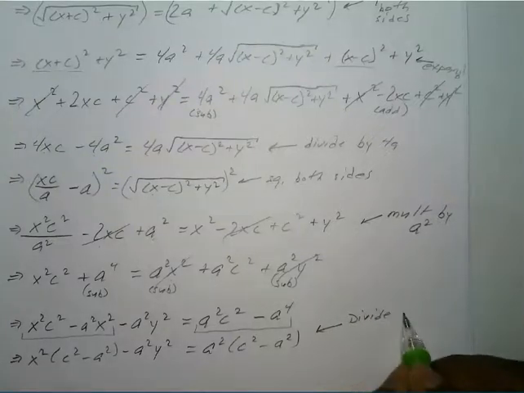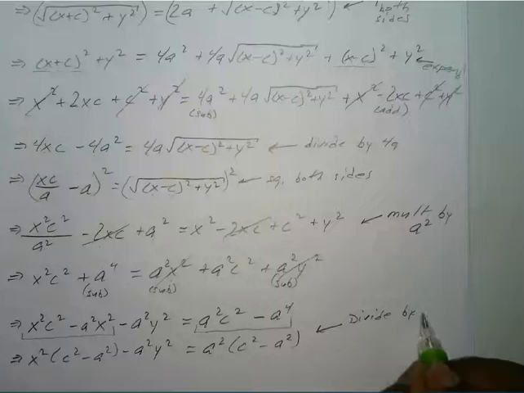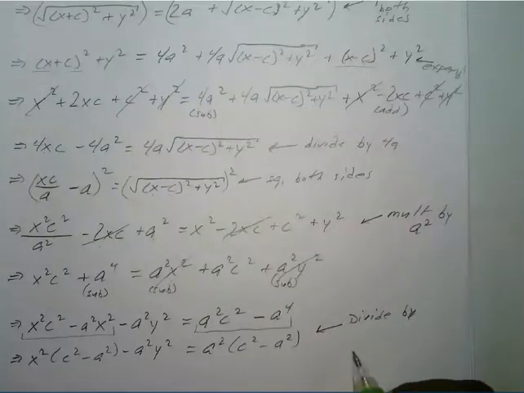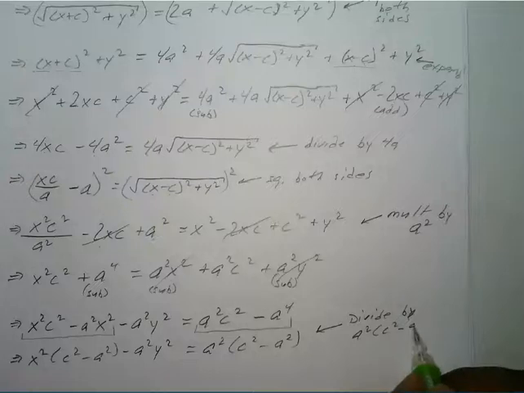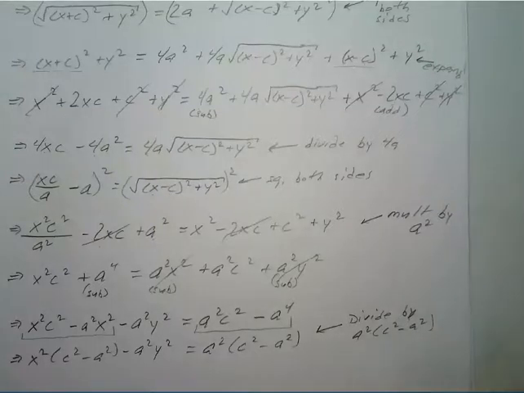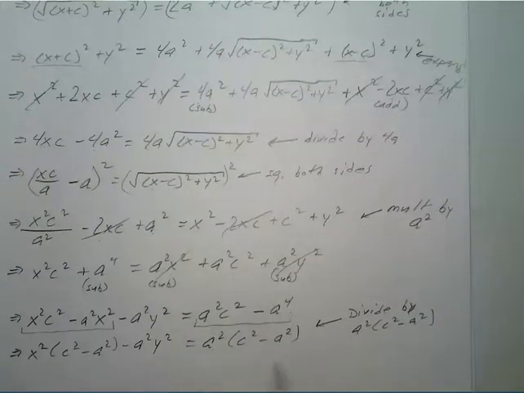So our next step is we're going to divide each term on both sides by a squared times c squared minus a squared. In other words, what's over here?